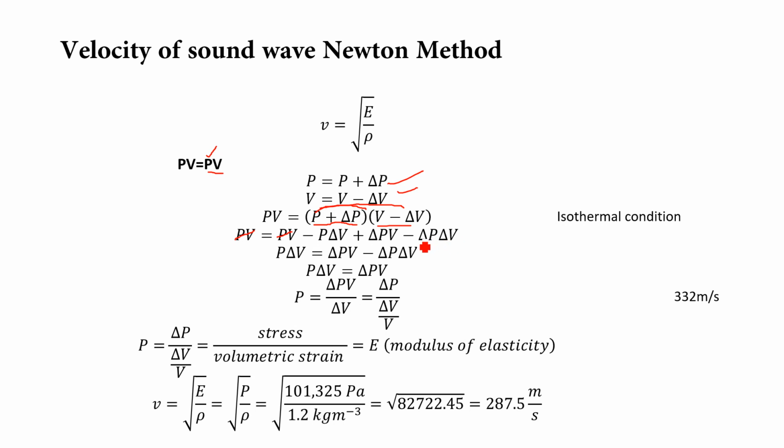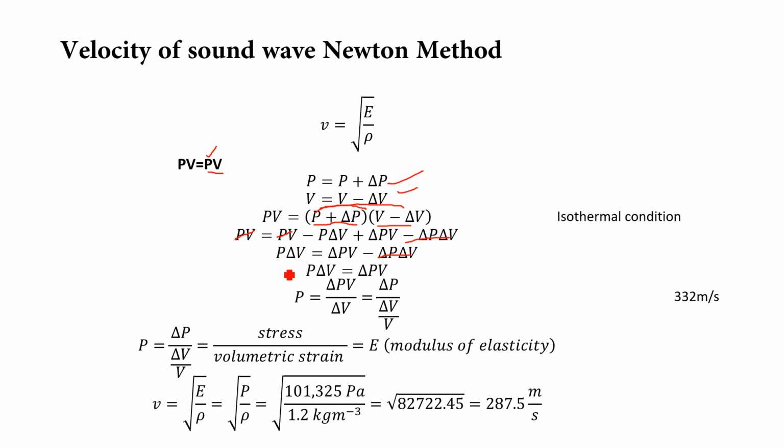So we ignore the del P del V term, and we will have P del V is equal to del P into V.